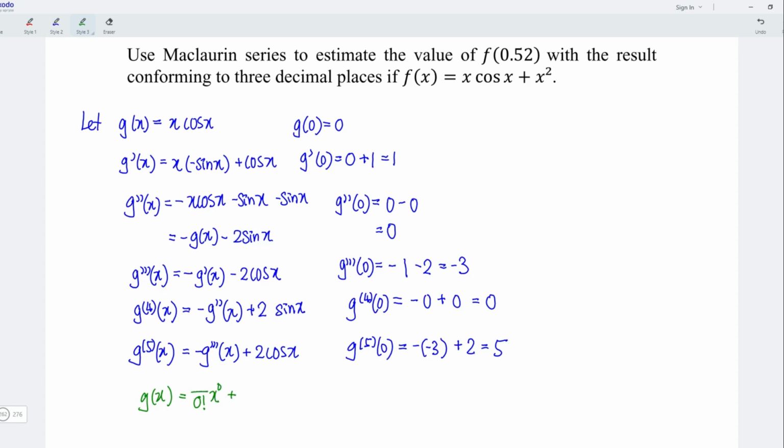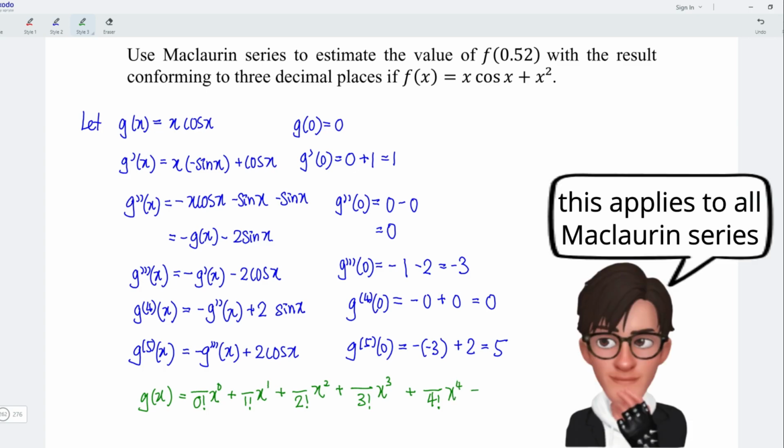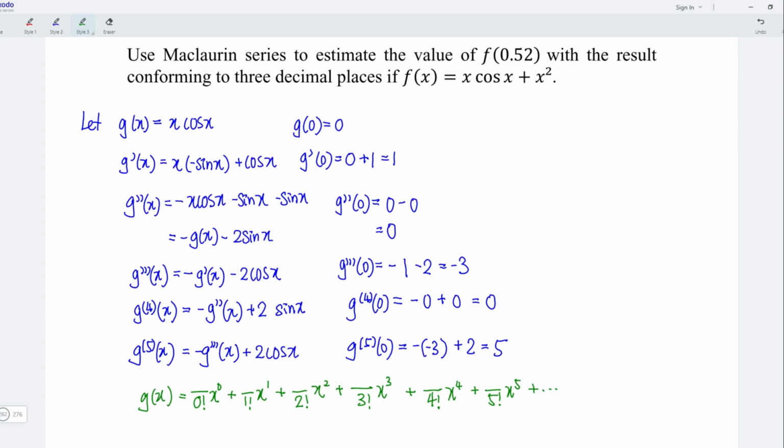And now move on to the next term. After 0, we should have 1 factorial x to the power of 1. Next, we have 2 factorial x to the power of 2, followed by 3 factorial x to the power of 3, 4 factorial x to the power of 4, and 5 factorial x to the power of 5, and so on. Next is to substitute all the values for the respective order at point x is equal to 0.